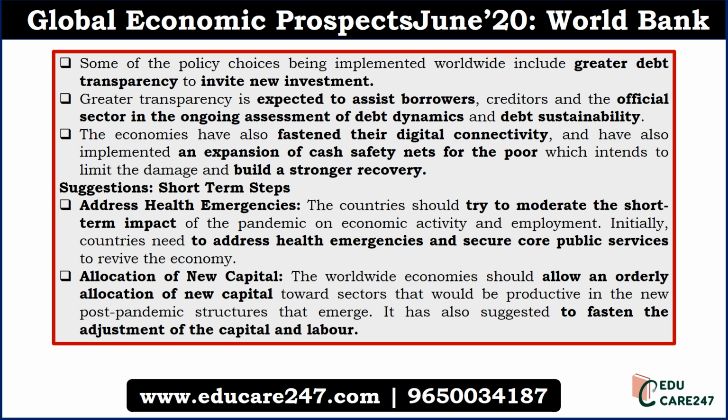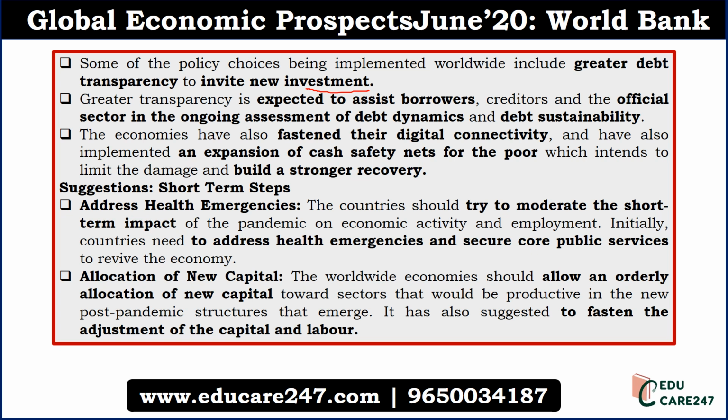Let us talk about the solution, how these countries are going to solve this problem and what they have done. So some countries have made policy changes. They have made their debt process transparent, and they have invited new investment. If the process is transparent, then it will attract creditors and they can get funds, and this fund will help to grow and develop their economy further.